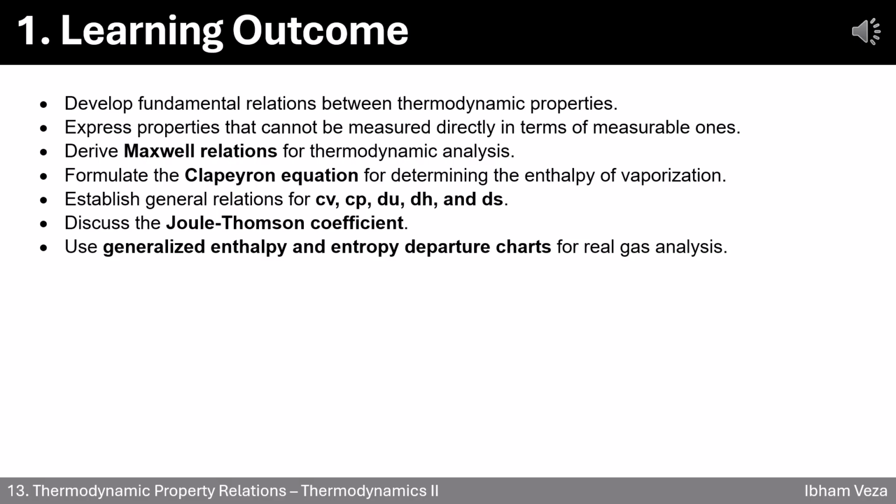We'll also cover powerful tools like the Clapeyron equation, Joule-Thomson coefficient, and departure charts, which are essential when dealing with real gases, not just idealized systems. By the end of this chapter, you won't just memorize formulas, you'll understand where they come from and how to apply them confidently in any thermodynamic analysis.